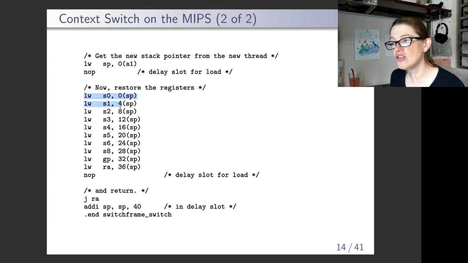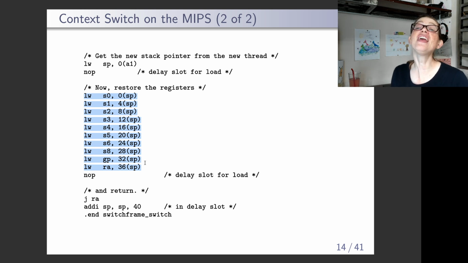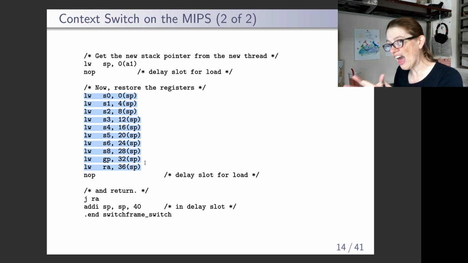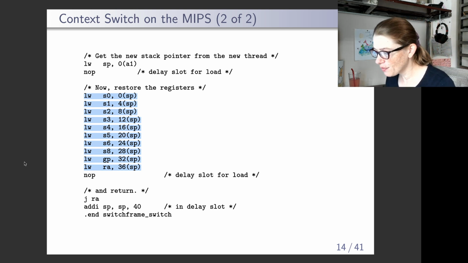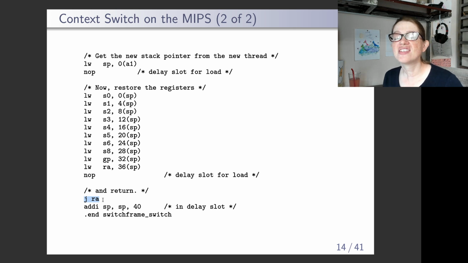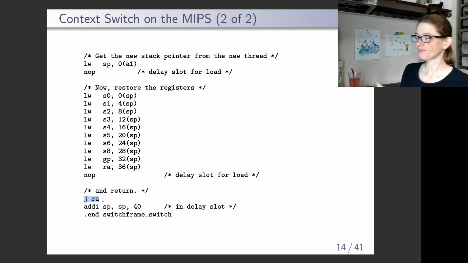And that's actually what you see happening here. These are the callee save registers and the return address, and the stack pointers being restored, and by restored I mean loaded from the stack of the new thread onto the CPU. And then you'll notice we are jumping to some address in the new thread to execute.